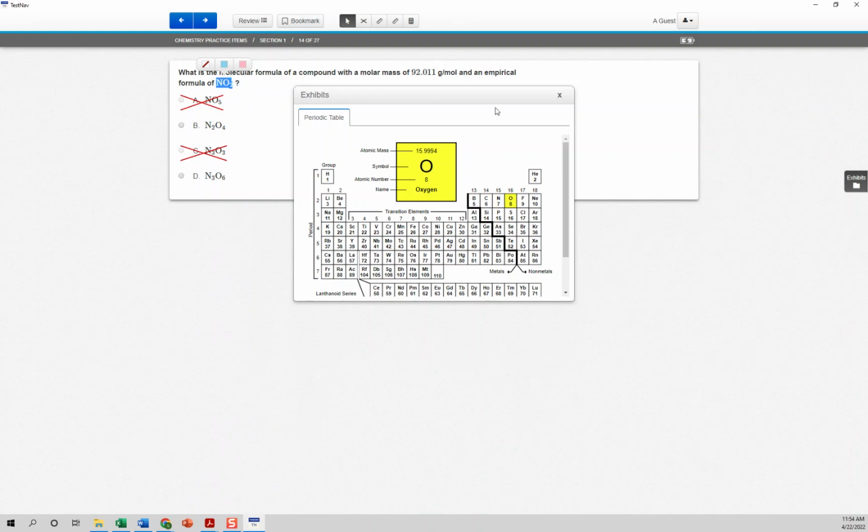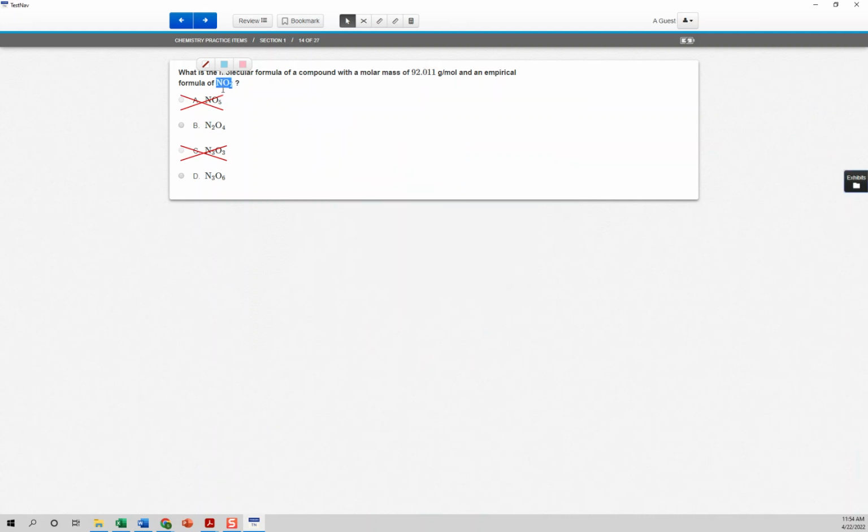If you do 92, the molar mass of the compound, divided by the molar mass of the empirical formula, 46, you're going to get a whole number. 92 divided by 46 is 2. So it is just telling me to double this compound. If I double the subscripts here, I'm going to get that compound. But again, if you add it up, 14 plus 14 plus 16 plus 16 plus 16 plus 16, you're going to get 92. So that's the right one.